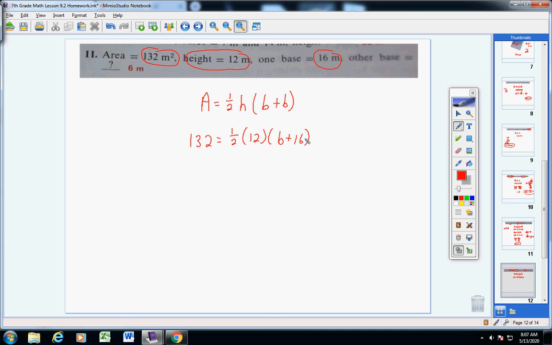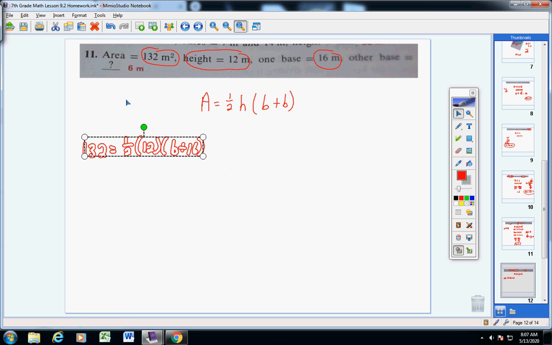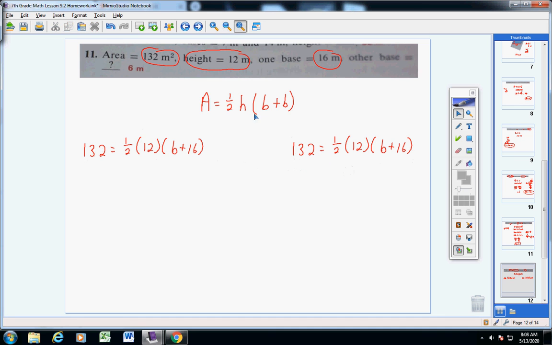Now, this is where it gets a little confusing, but let's look at this a couple of different ways, okay? Now, forget this for a second. We'll come back to that in a minute. Right now, look at this. We know we can multiply these two. Again, guys, when you're not sure what to do, just do what you can do.